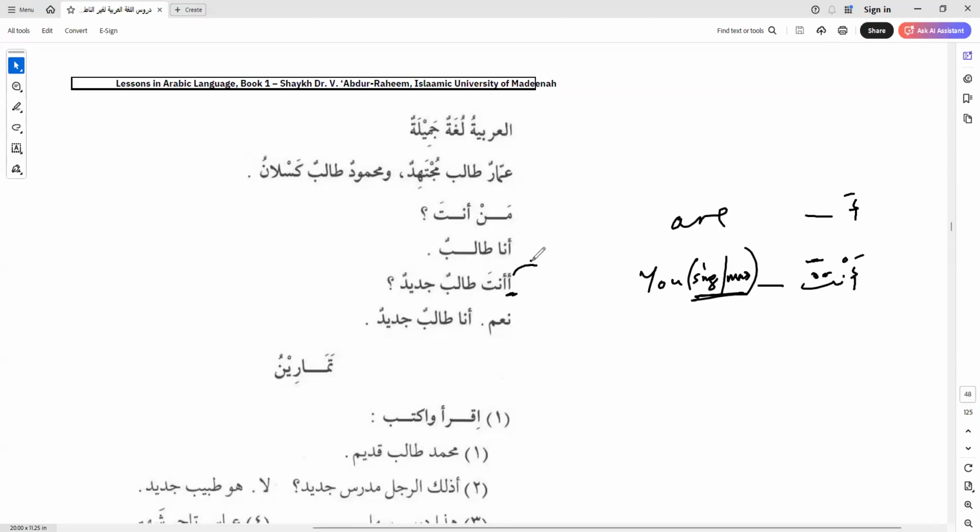Where is the a? It is the first a. So here you can see a anta. Very, very important. This first a is for the question, and then the second one is just part of the anta, which is you. Are we getting it? Alhamdulillah. A anta.